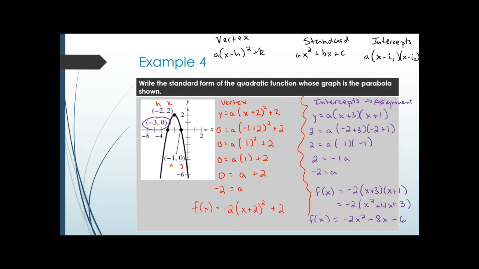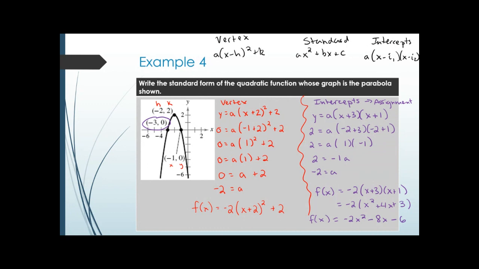But these will graph the same exact equation. They're just different forms of the equation. And you can get the same answer depending on which method you use to find the equation. So it's up to you. Use either one depending on what information you have.